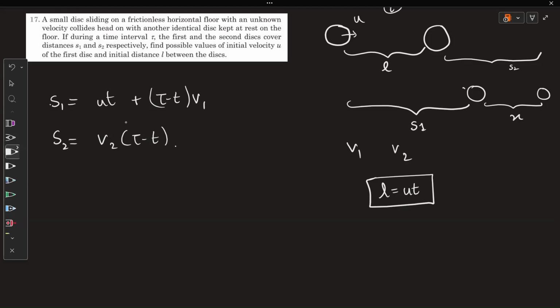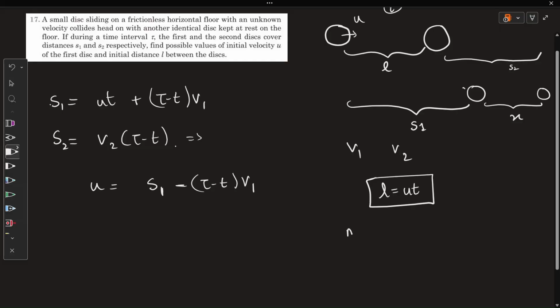Okay. Now we want u. So u is nothing but s1 minus of tau minus t into v1. And we have another relation between v1 and v2. Let's explore.